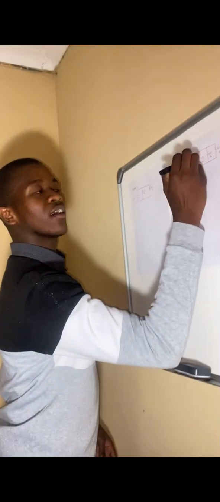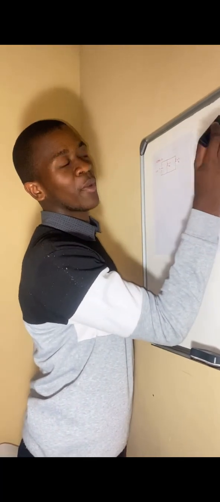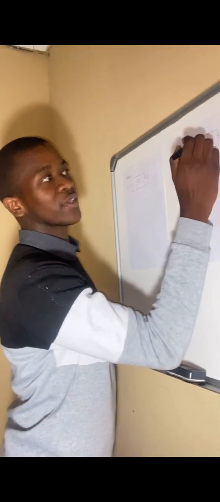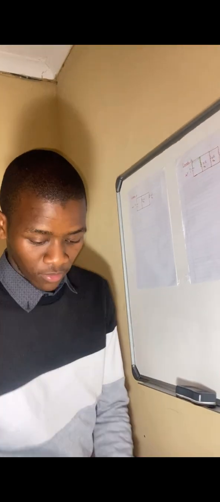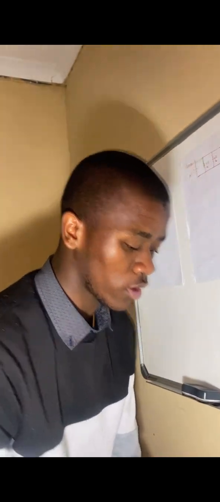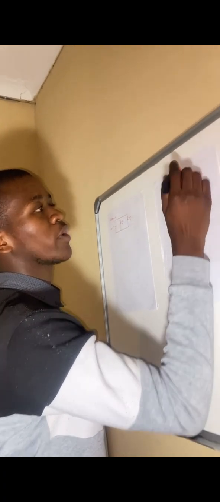So what happens is, because there's a flow of current, when it gets there, the current splits, or there is more than one pathway. Therefore, we are aware that this is a parallel connection. Do you guys understand? Is there any question?